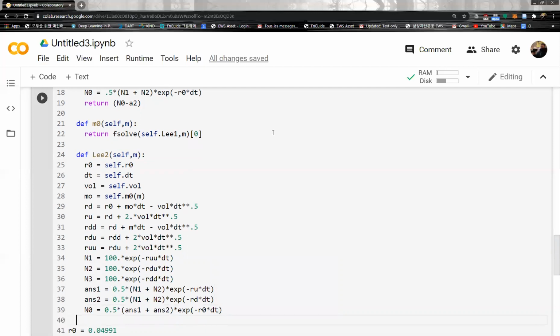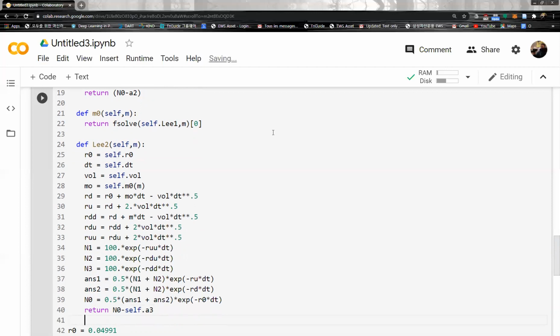Okay, and then of course now we can return the gap between N0 minus self A3, right?